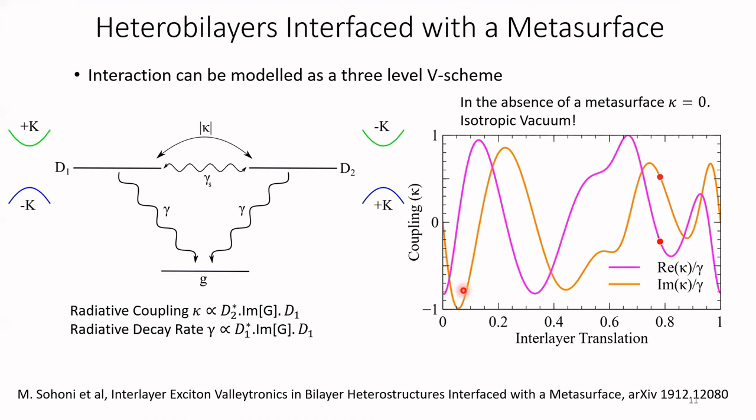Based on the interlayer translation, you can see that the coupling is non-zero because of the metasurface. In an isotropic vacuum, the coupling would have been 0 for orthogonal dipoles.